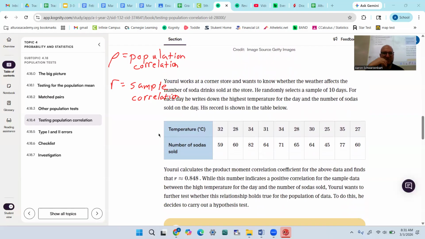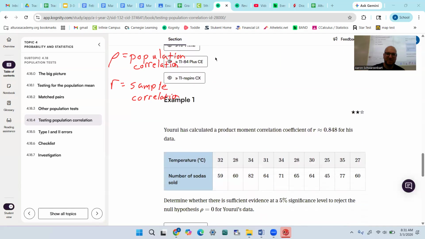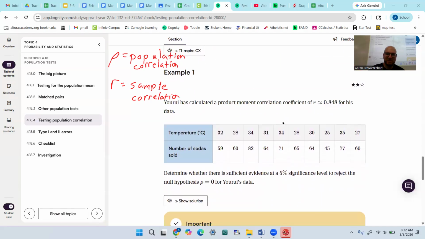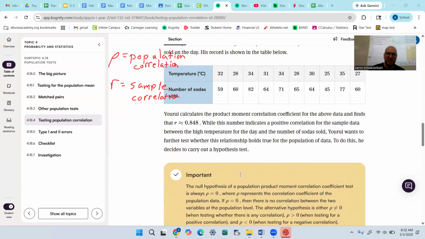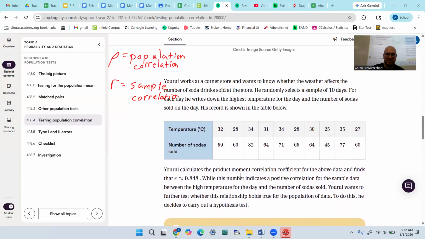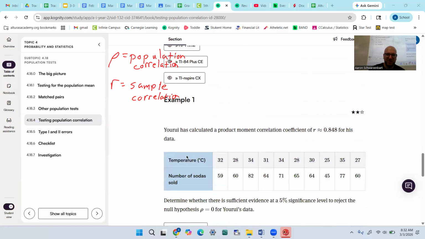So, Murray's got some data. Or Yuri. Yuri works at a corner store and he has the temperature in Celsius and the number of sodas sold. He wants to see if there's a correlation. So please go ahead and enter this data.